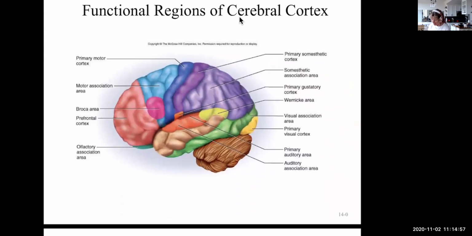So there are some other functional regions in the cerebral cortex.